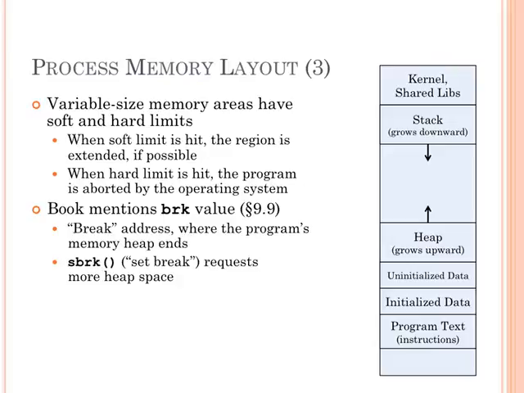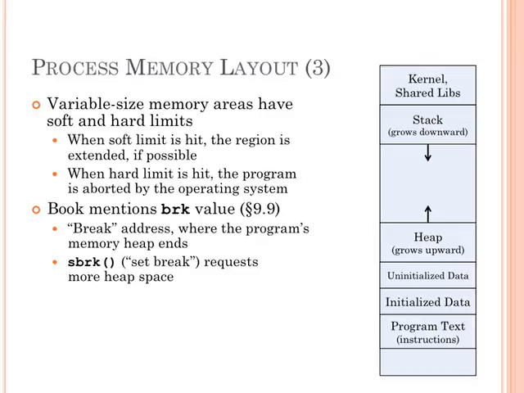The textbook mentions this value that is kind of older, kind of anachronistic, called break. And that is the point where the memory heap ends. And there's a special function, sbrk, that you can call, which is a kernel function that will allow you to set the heap size. And this is what the malloc implementation would generally use if it runs out of heap space. It's like, hey OS, this program is really a memory hog and I need more space.